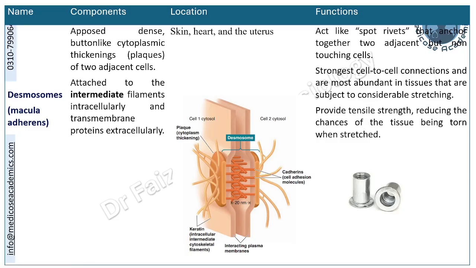These are the strongest cell-to-cell connections and most abundant in the tissues which are subjected to considerable stretching, so that they can provide tensile strength and reduce the chances of the tissue breaking down in case of stretch. So that was about the cell-to-cell adhesion, including zonula adherens and the desmosomes.